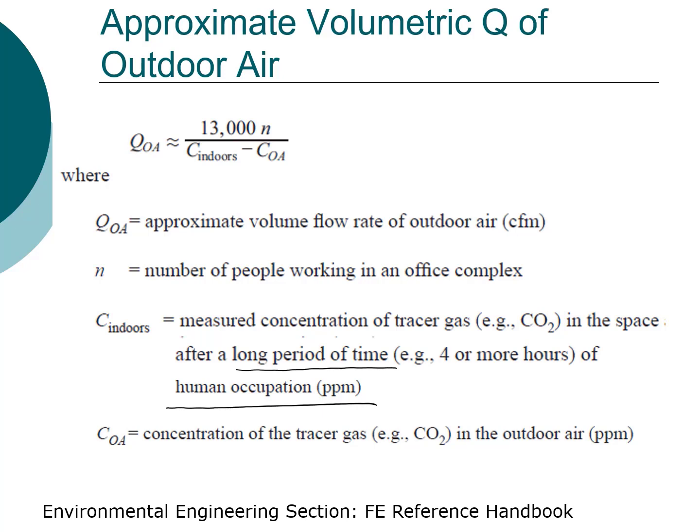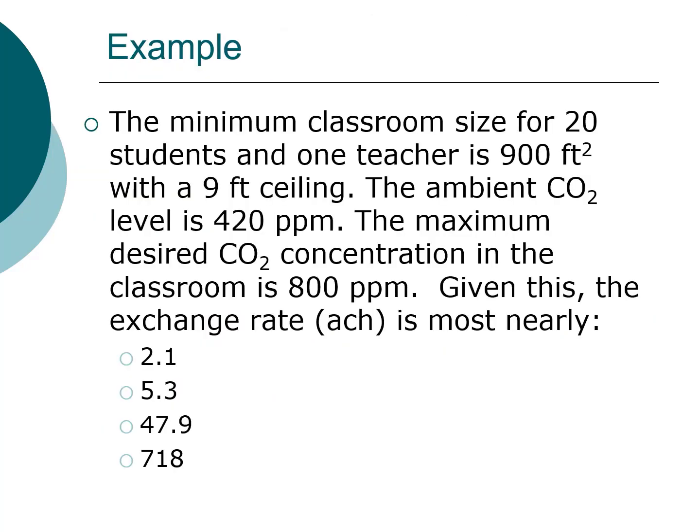So for instance, it could be just people are leaving for lunch. It could be at the end of the day. And the concentration in the outdoor air. And what we can determine from this is an approximate flow rate of outdoor air. So let's look at this next problem.